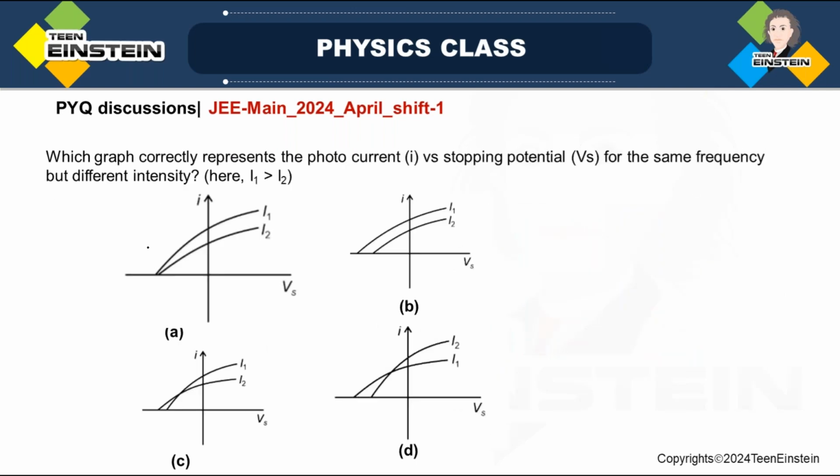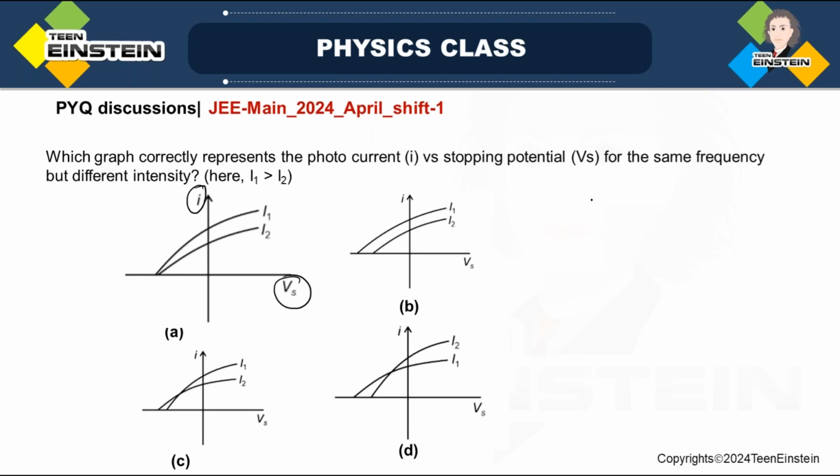Now this question is also very interesting. Which graph correctly represents the photocurrent versus stopping potential for the same frequency but different intensity? We have to understand this to answer. Here this is the photocurrent and this is the stopping potential. Let me explain a little: how the photocurrent depends on intensity.